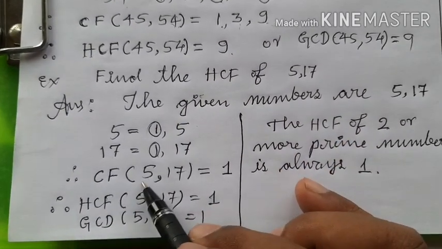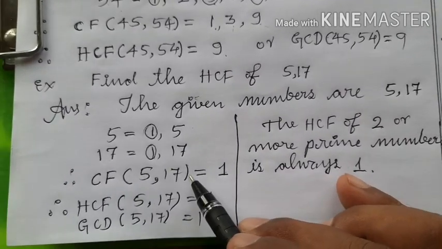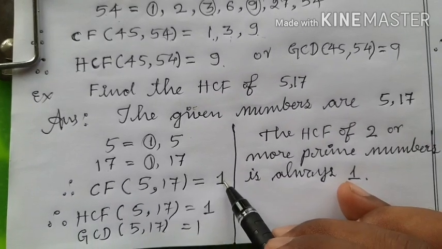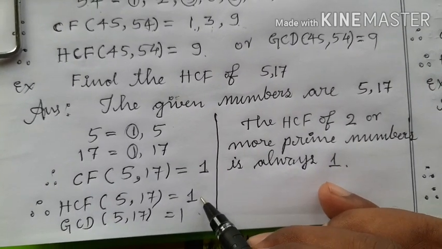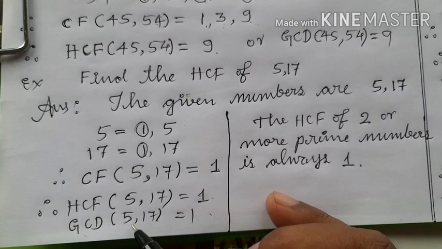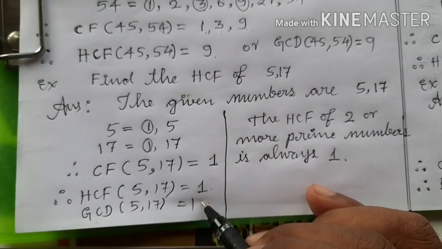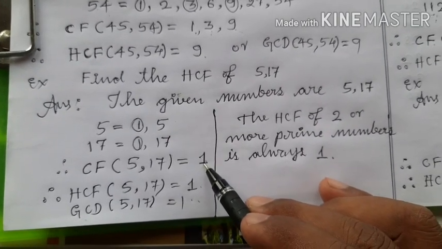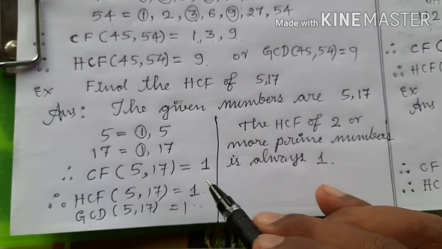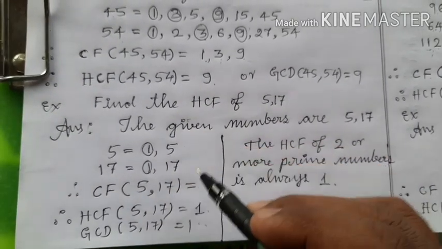That is why 5 and 17 are called co-prime numbers. What is their HCF? The HCF of 5 and 17 is also 1. What is their GCD? The GCD of 5 and 17 is also 1. So children, if two numbers have no common factor other than 1 and if their HCF or GCD is 1, then those numbers are said to be co-prime numbers.